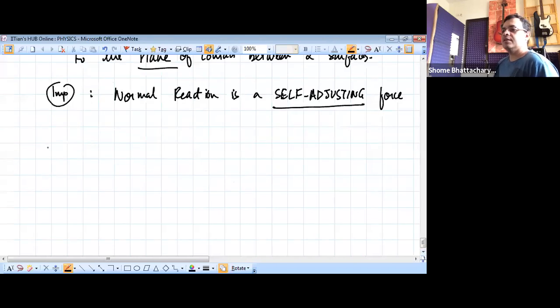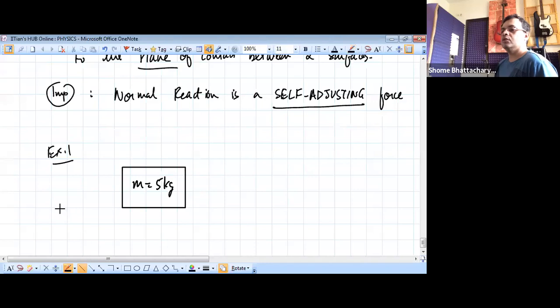Example 1: suppose we have kept a block of mass 5 kilograms on a horizontal surface.